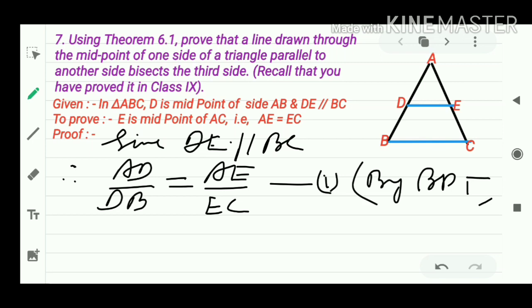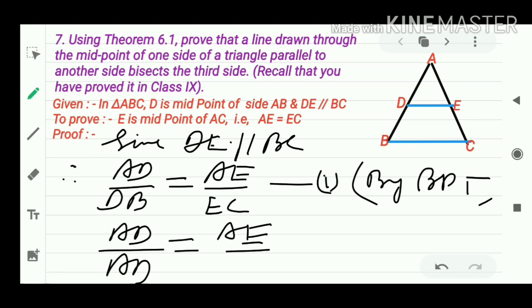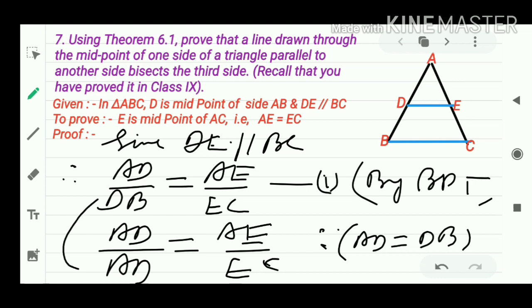So we know that D is midpoint of AB, therefore AD equal to DB. So we can change equation 1 as AD by AD equal to AE by EC, since AD equal to DB, because D is midpoint of AB, therefore we change DB into AD.